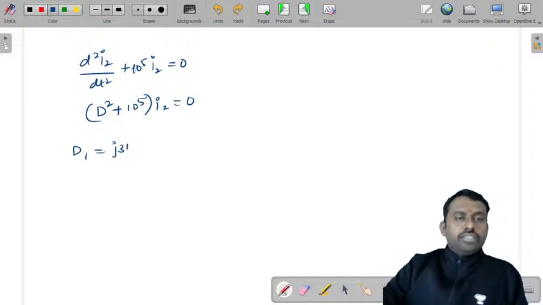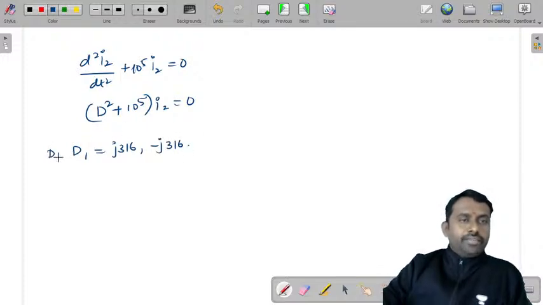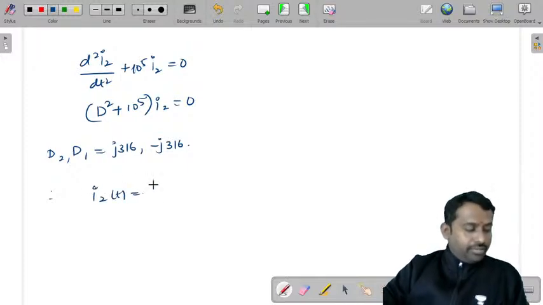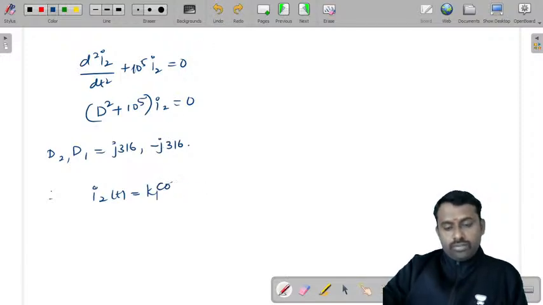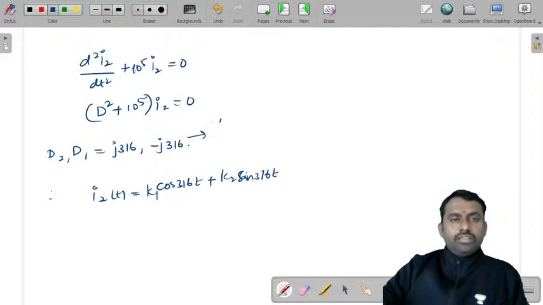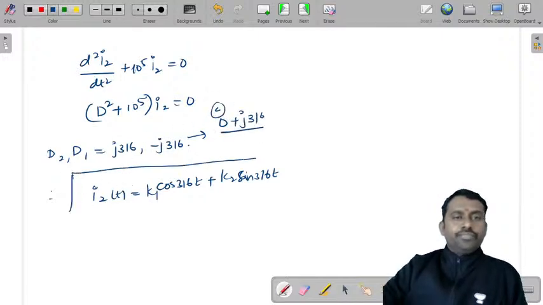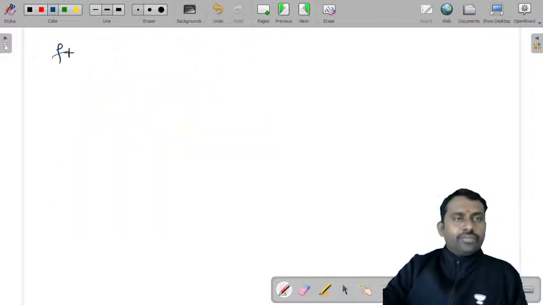Therefore, you can write I2 of t is equal to K1 into cos 316t plus K2 into sin 316t, because this is 0 plus j316. The alpha value is 0, so e power alpha value is not defined. So you need to find the values of K1 and K2.